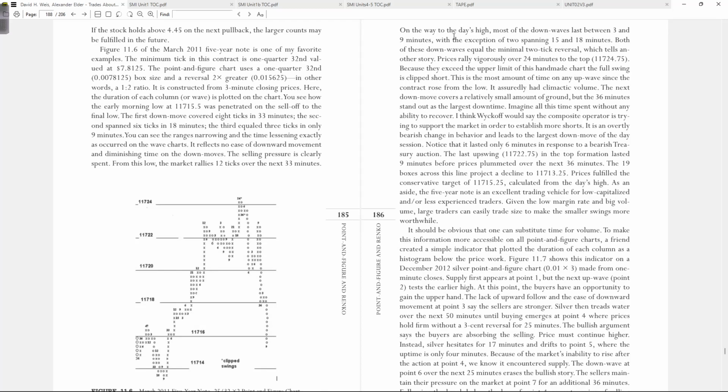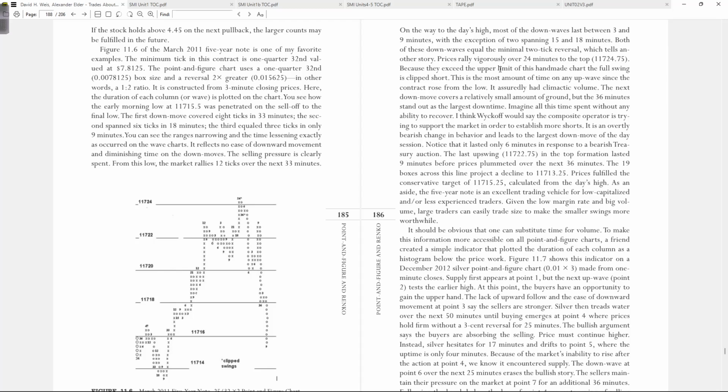On the way to the day's high, most of the down waves last between 3 and 9 minutes, with the exception of two spanning 15 and 18 minutes. Both of these down waves equal the minimal 2-tick reversal, which tells another story.